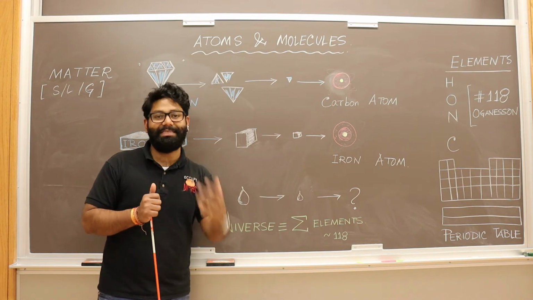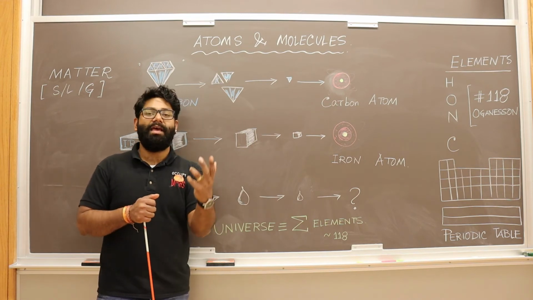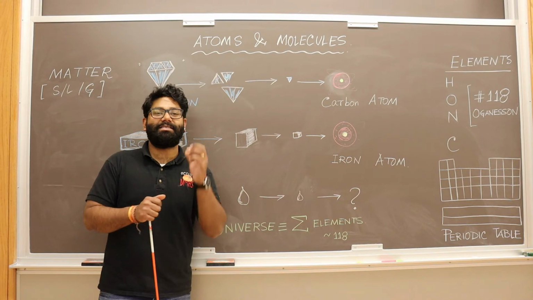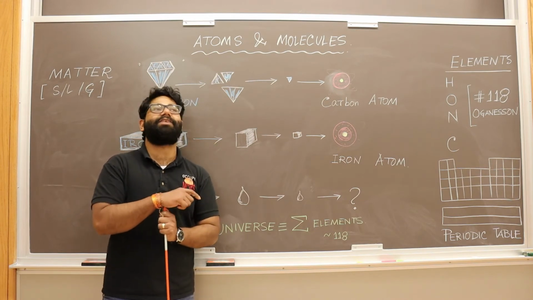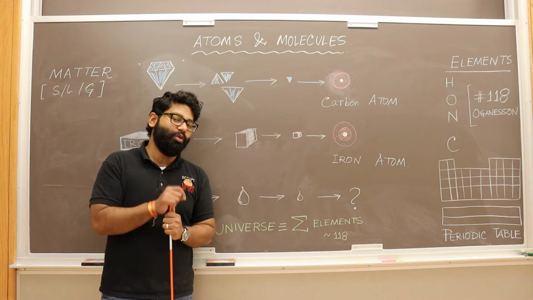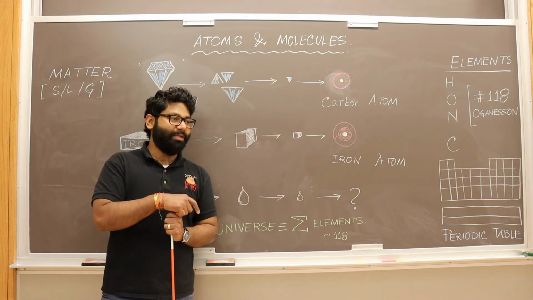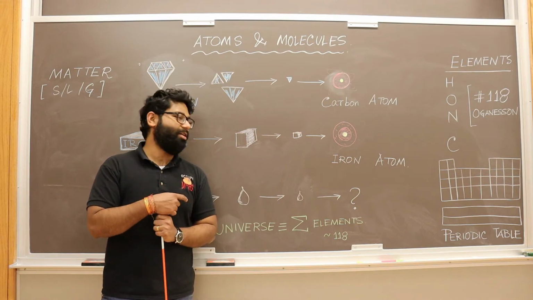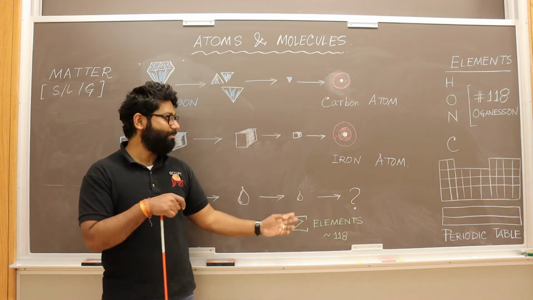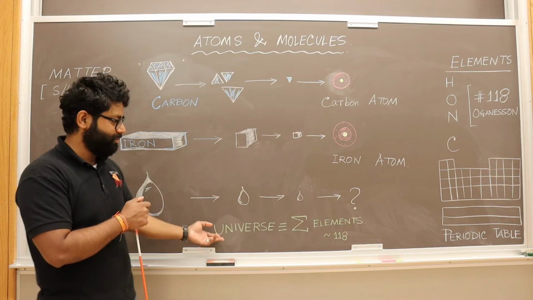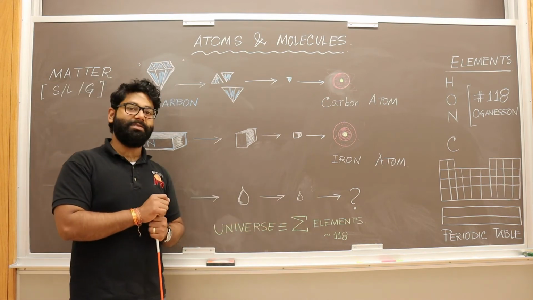Everything in the English language has come from a combination of those 26 alphabets. All the stories and novels and poems and everything come from only those 26. And the same goes for the elements. Everything in this universe is made up of these elements.